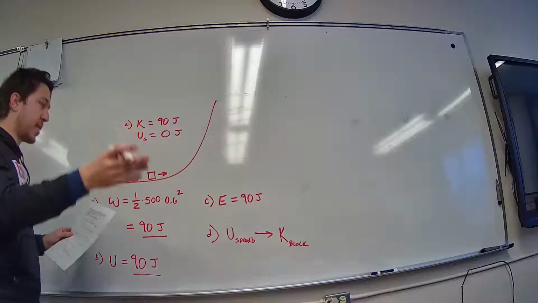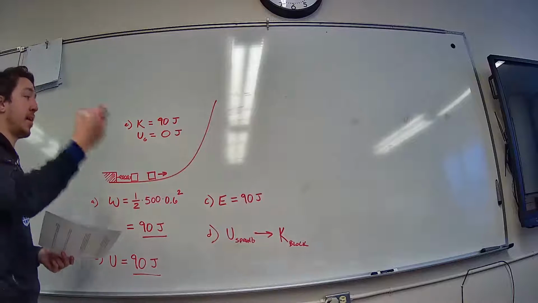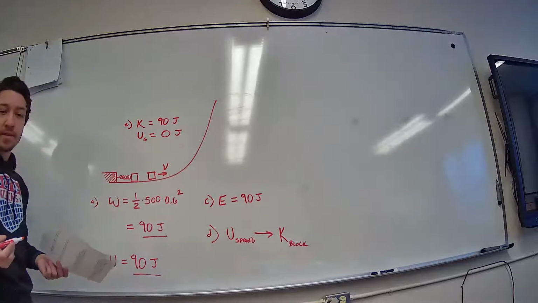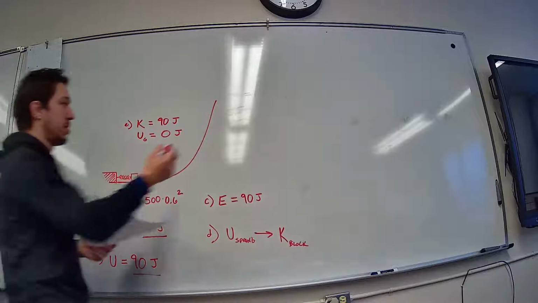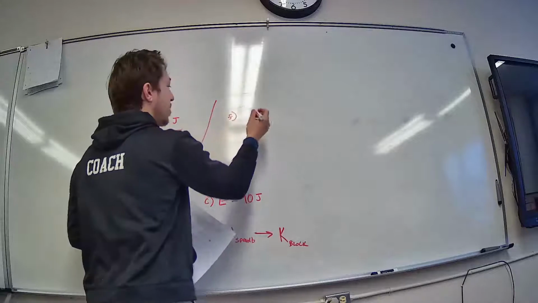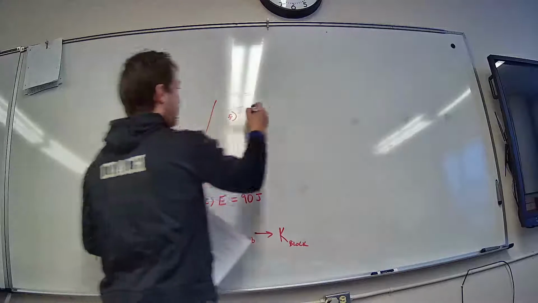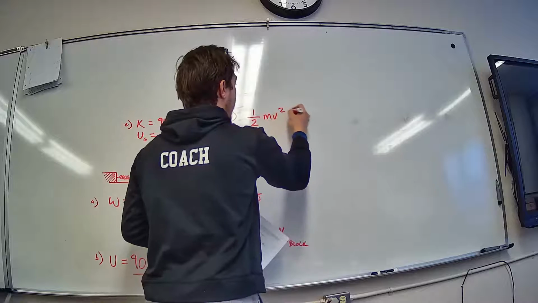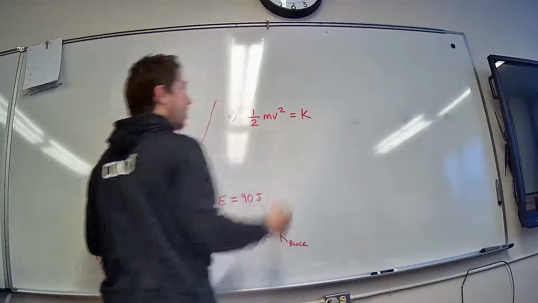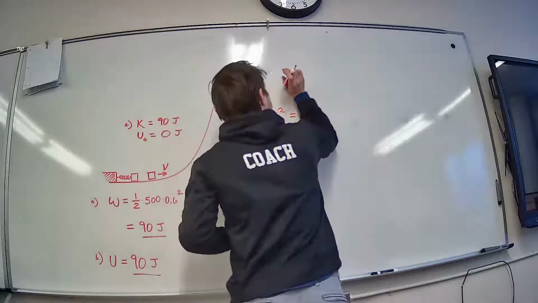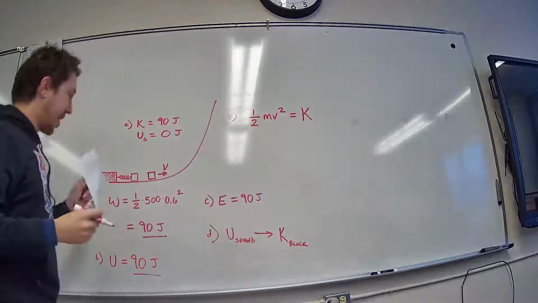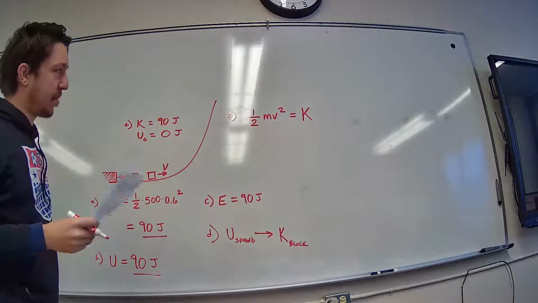Okay, so now you guys who were saying 1/2 mv squared, you were thinking ahead. You're going, well, say I want to calculate that velocity. Now I can say 1/2 mv squared is equal to the kinetic energy. That's big K, by the way. Fortunately, we have little k and we have big K, so you've got to be careful.